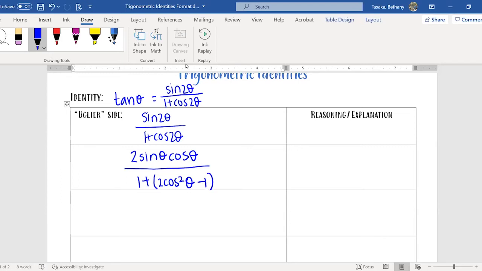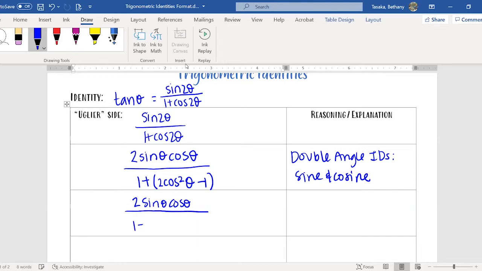And I'm going to clean this up. So this is a double angle identities, sine and cosine, right? So if we extend this, we've got 2 sine theta cosine theta, but in the bottom, we've got 1 plus 2 cosine squared theta minus 1.